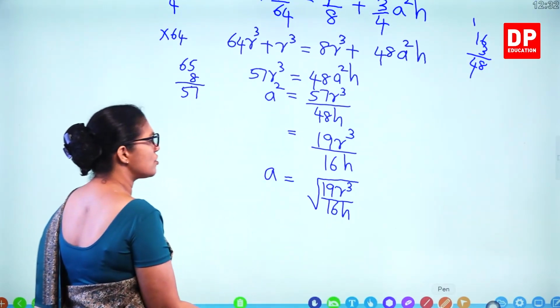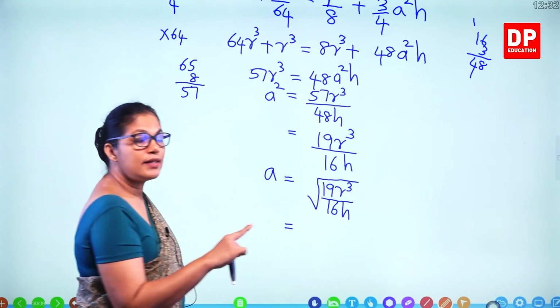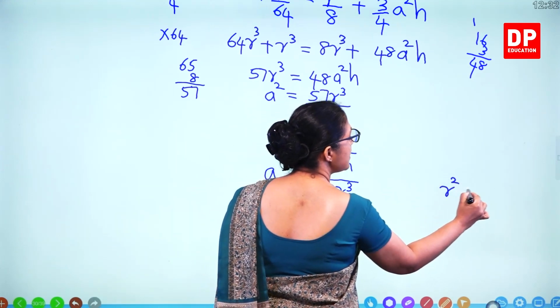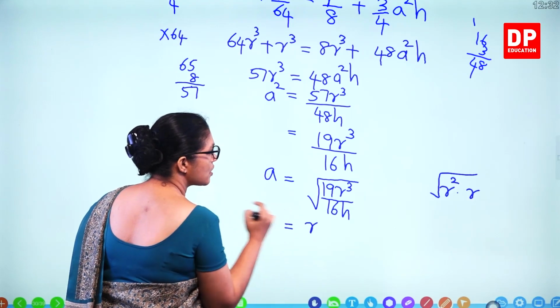So we can just write down r squared and r. Separate it, and then when you take the square root, you can take r out.